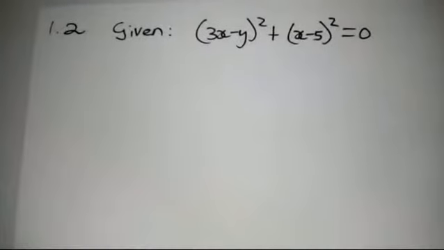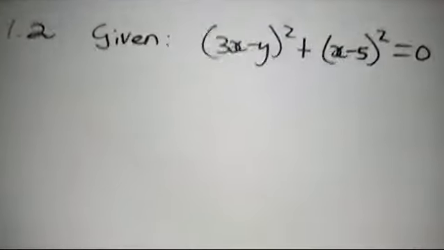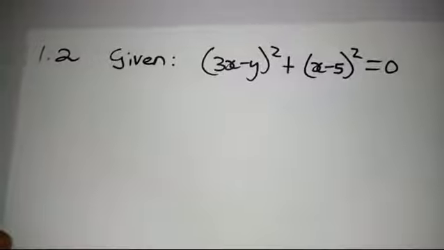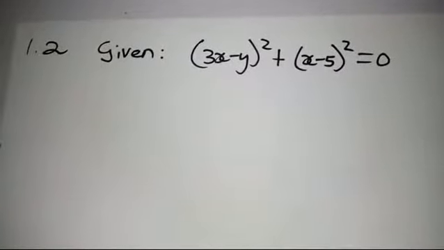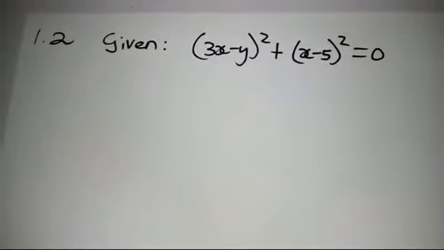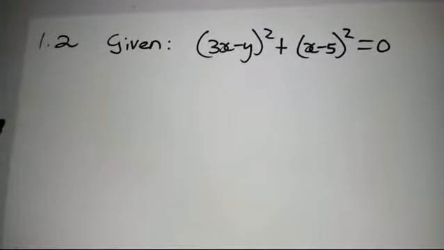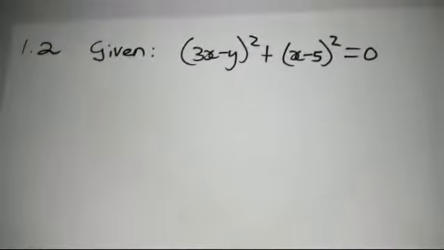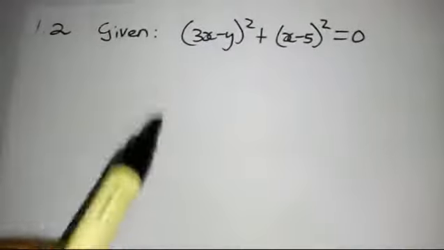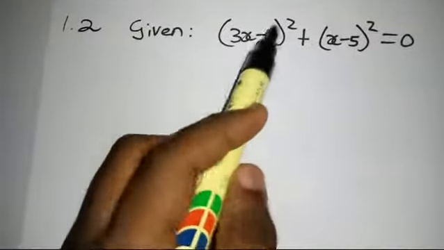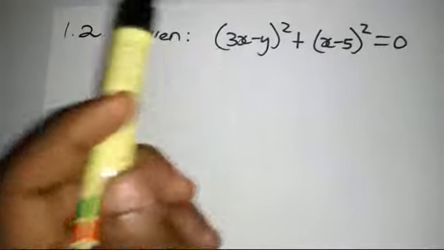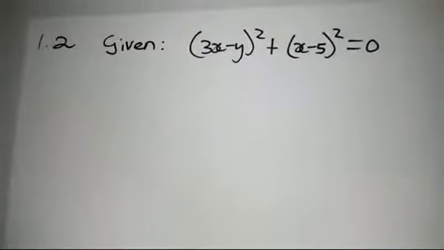Now we move on to question 1.2. If you check this question, we need to solve this simultaneously because we have x and y in the same equation. So if you think about this, we have squares for these two terms.